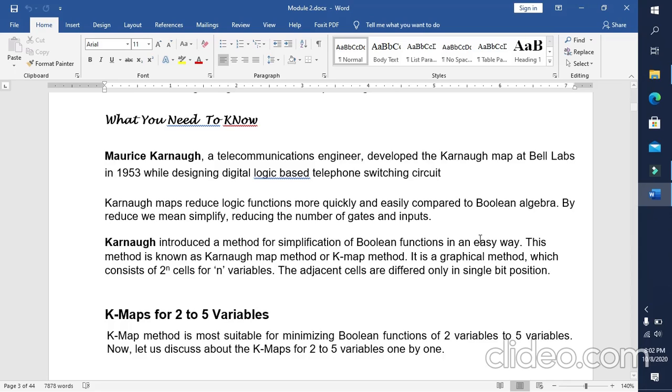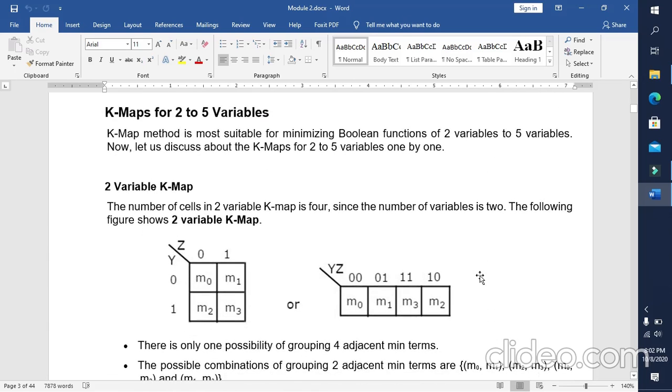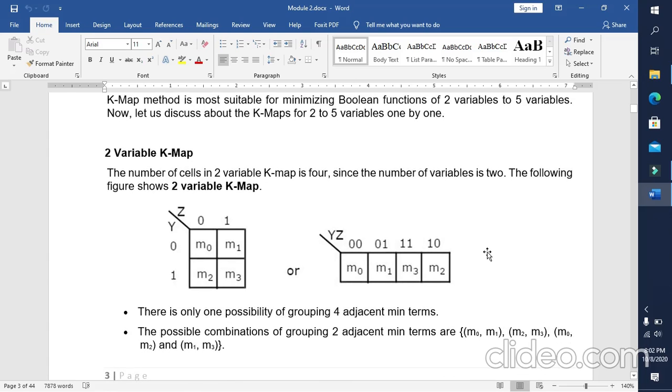So what does it mean when we say cells differ only in a single bit position? Let us take a look at the 2 variable and the 3 variable K-map.